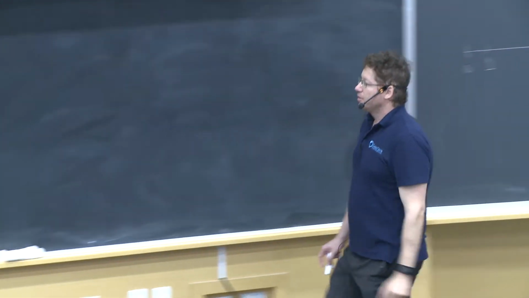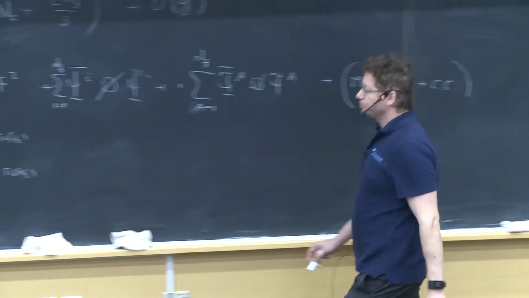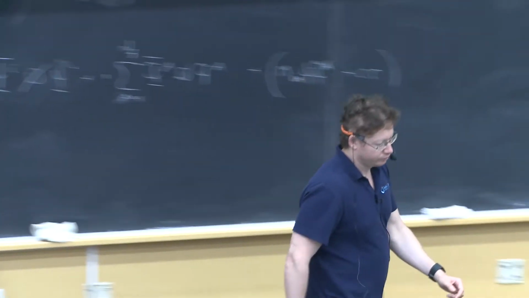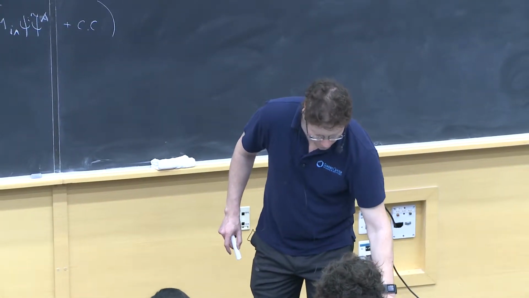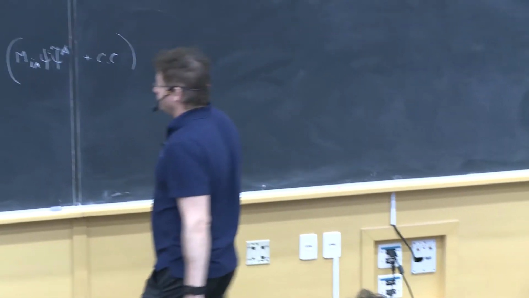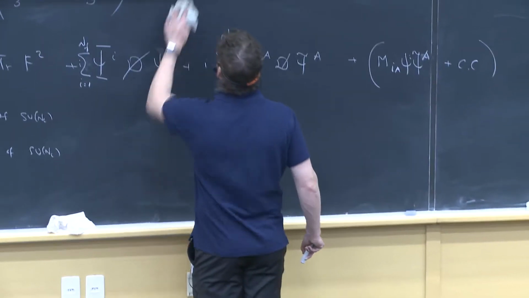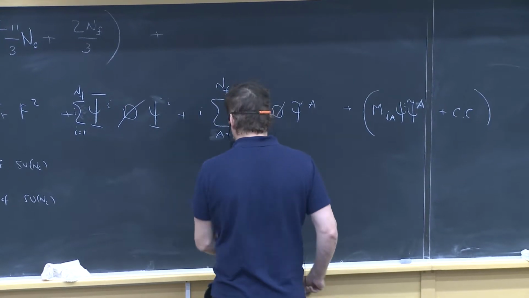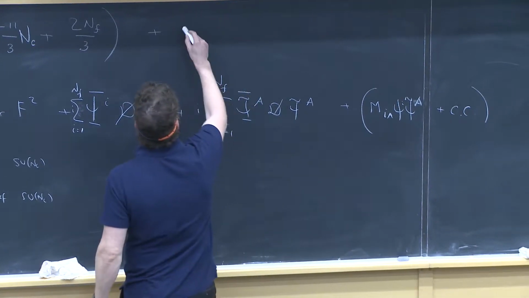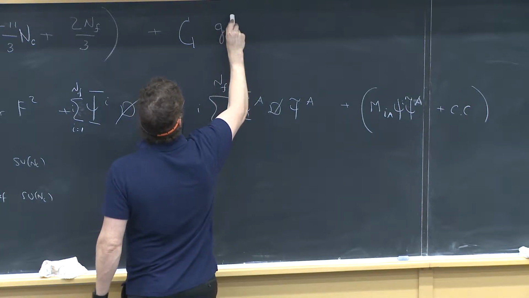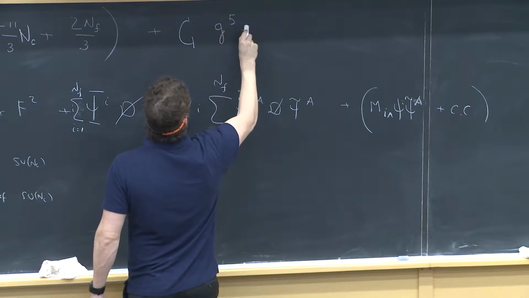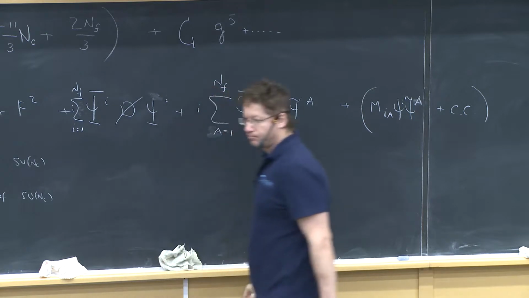So let's talk a little bit about these higher order corrections. There are two options. Let me parameterize these higher order corrections with a coefficient c, g to the power 5, and then some other terms.